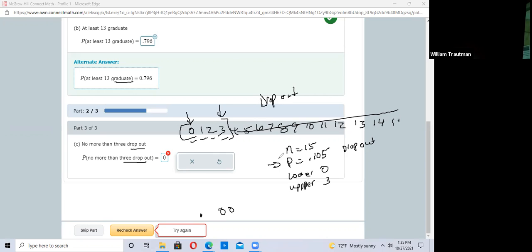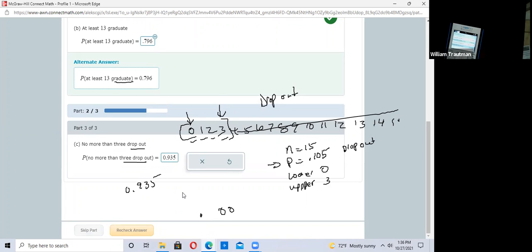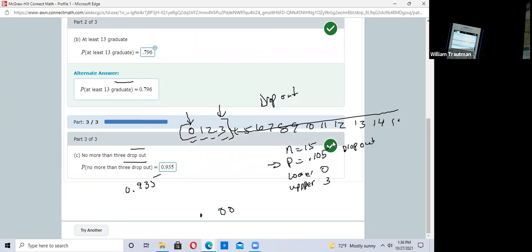Now, when I hit OK, I actually get a number: 0.935. So let's type that in. We used the wrong percentage the first time, and now we got it correct.